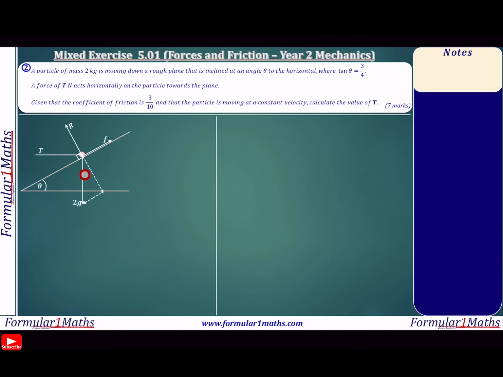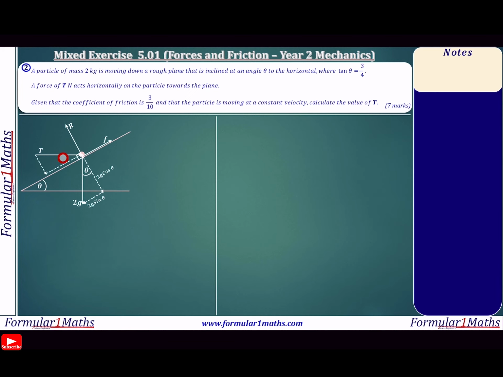This angle here is theta, and so we can use SOHCAHTOA to find this component of the force and that component of the force. And we are going to get 2g cos theta perpendicular to the plane and 2g sin theta parallel to the plane. Similarly, we can resolve the T newton force as follows: perpendicular to the plane and parallel to the plane.